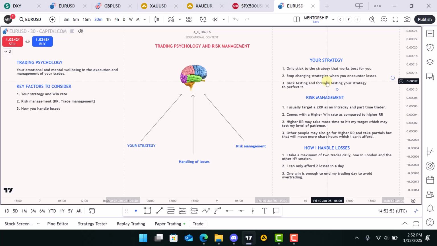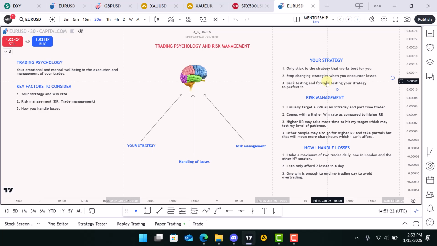So the next thing I want to discuss is your risk management. Now, I usually target 2R as an intraday trader and a part-time trader. So why 2R? I believe higher risk to reward ratios mean a longer time for my positions to go through, right?